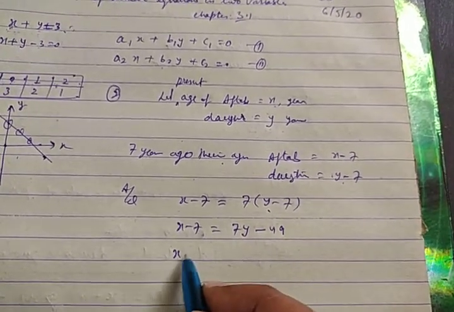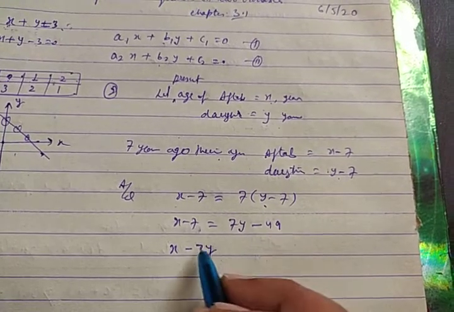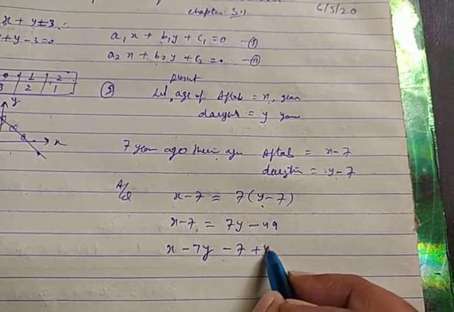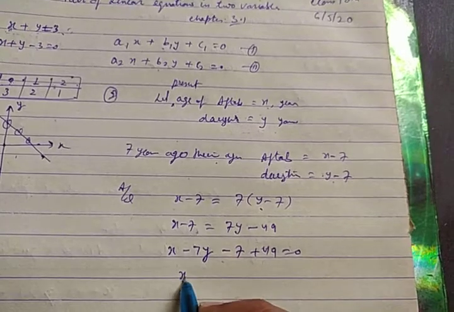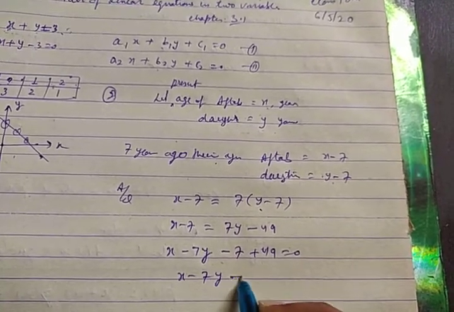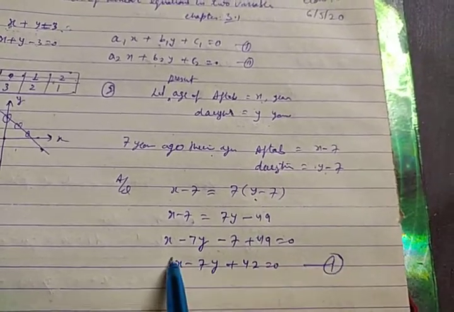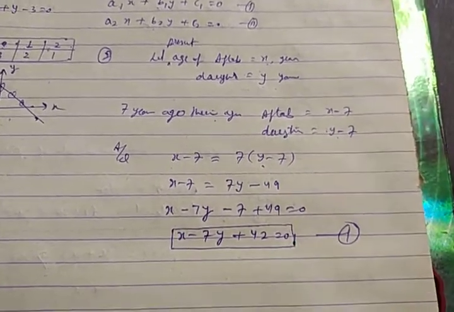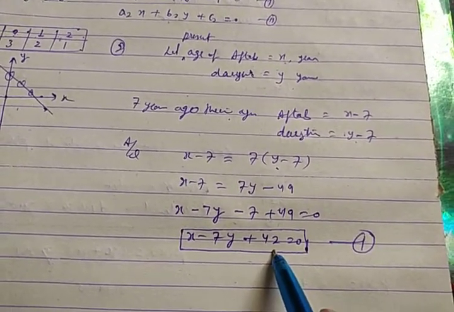Now shift 7y to this side and 7 to the other side: x minus 7y minus 7 plus 49 is equal to 0. Or simplify this: x minus 7y plus 42 is equal to 0. This is your first linear equation in two variables according to the question. This is the algebraic expression of the first condition.